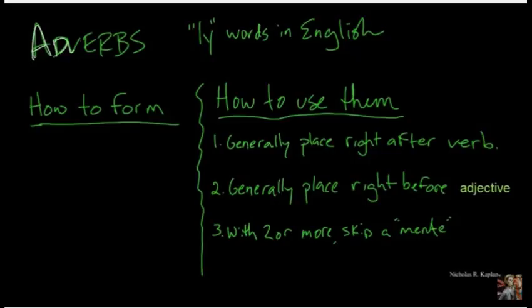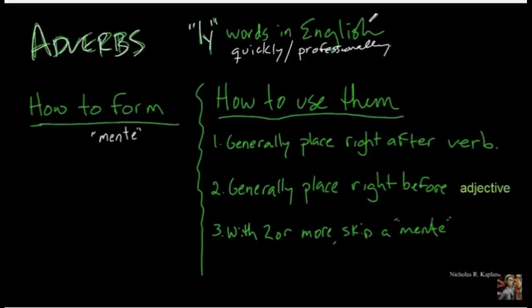When we're using adverbs in Spanish, they work essentially like they do in English. In English, our adverbs generally end in ly. For example, quickly or professionally. In Spanish, our adverbs generally end in mente.